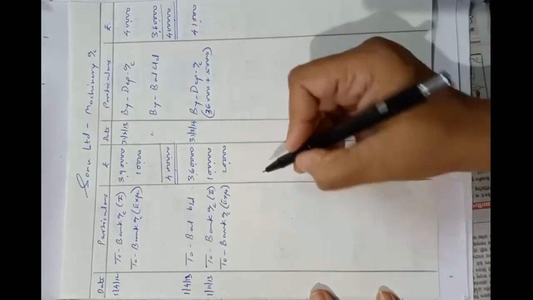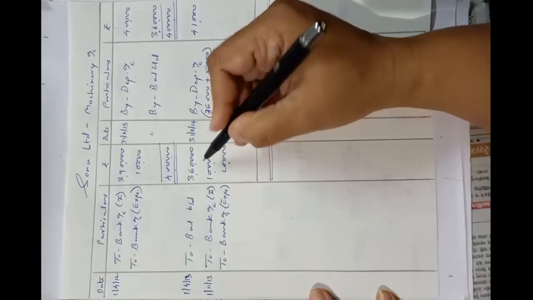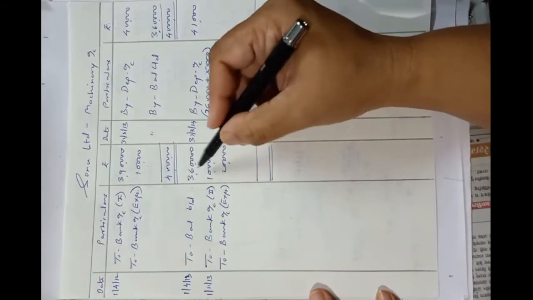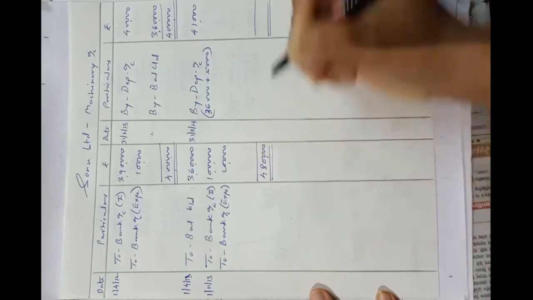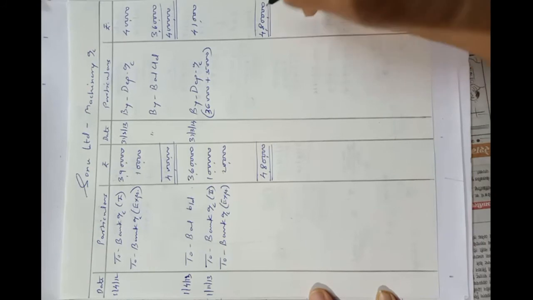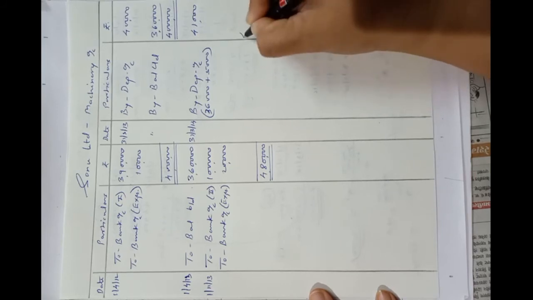Okay, now we'll tally this account for second year. Total amount is 4,80,000. Minus 41,000, so balance will be 4,39,000.